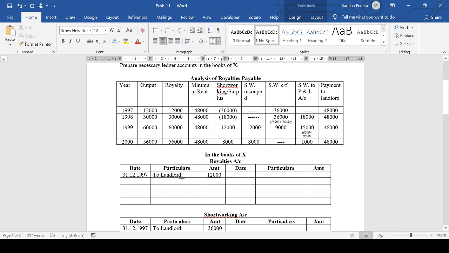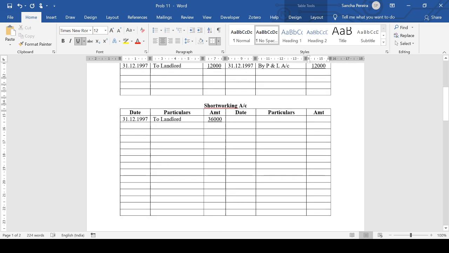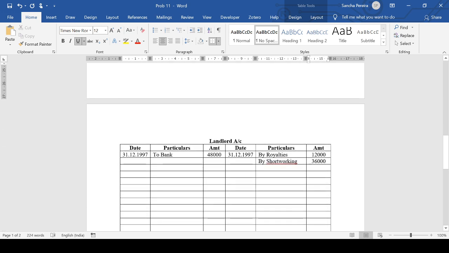Okay, and finally we transfer the royalties to the P&L account. P&L account debit to royalties. So in royalties it will be by P&L account 12,000. So we close the books for the first year. Here we have a total of 48,000.